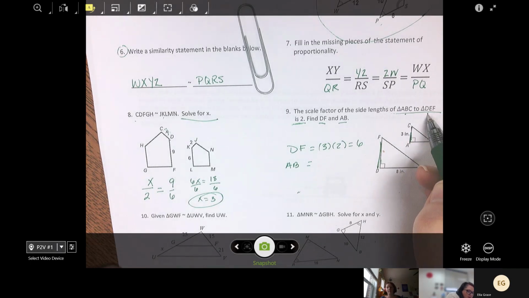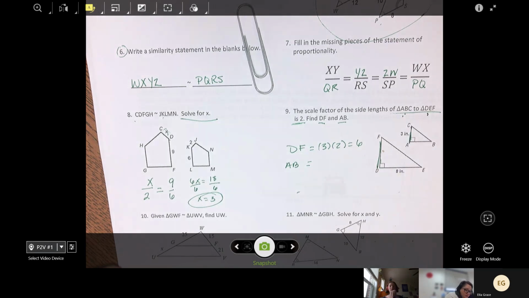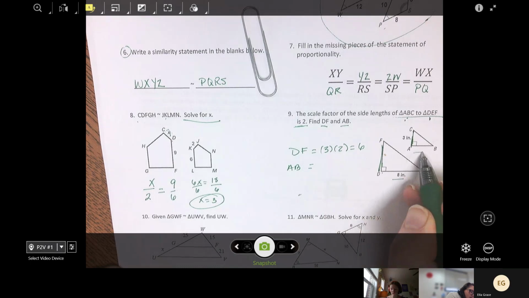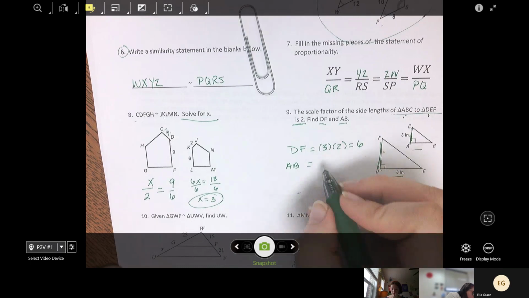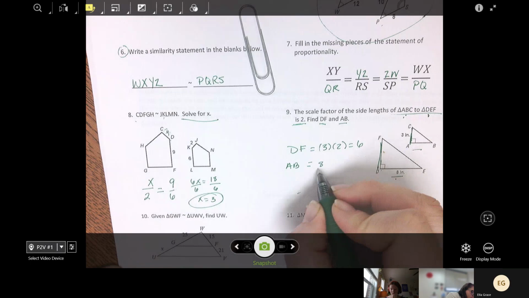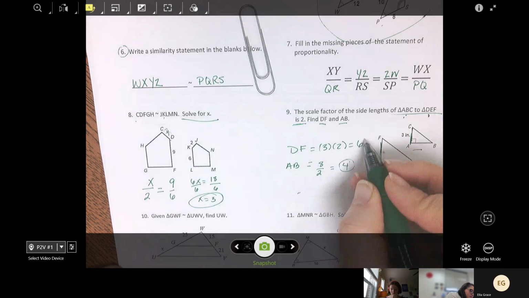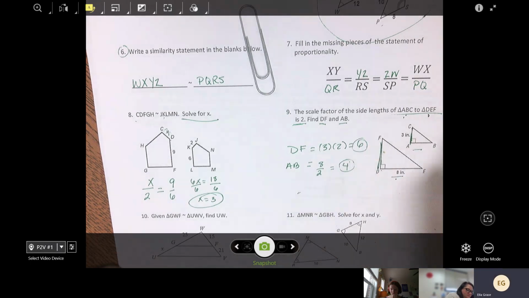To go from DEF to ABC, you're going to divide by 2. So we're going from here to here. What is 8 divided by 2? 4. And those are your answers. Thank you.